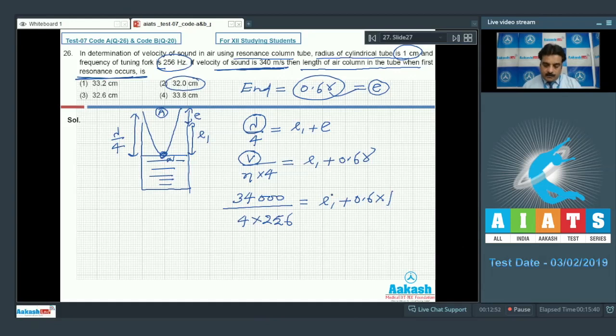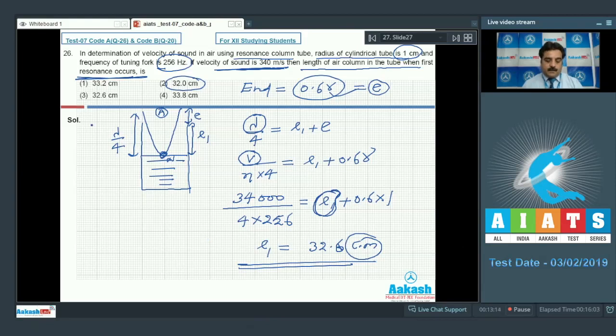You can see there is one variable that you have to calculate, and that is L1. When you calculate, you will get the value of L1 as 32.6 centimeter. So by this calculation, I can say option number 3 will be the right choice.